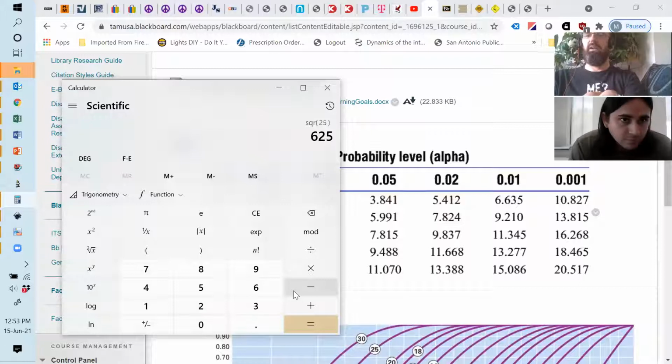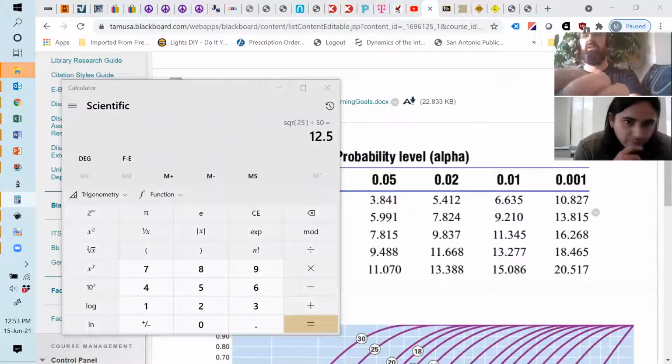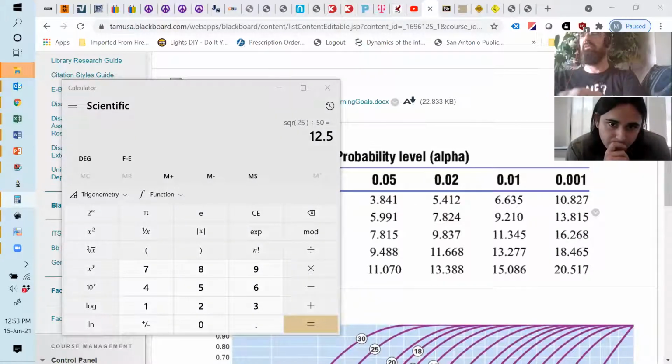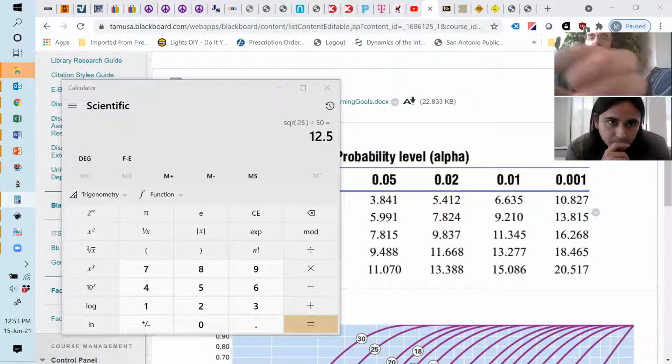That's 625, divided by 50. So that is 12.5 plus 12.5. You're getting how I got those numbers. So 25 squared is 625, divided by 50 gives you 12.5, and the total equals 25.